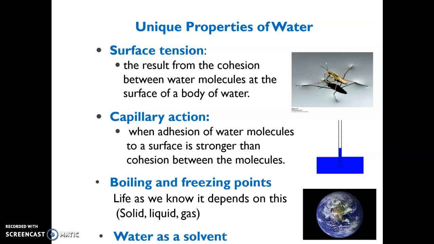But the key here for both boiling and freezing is this: let's say its freezing point was above 0 degrees C, let's say it froze at 100 degrees. Then the Earth would turn into a solid ice cube, right? Because it wouldn't have enough time, enough temperature at a warmer level to melt.